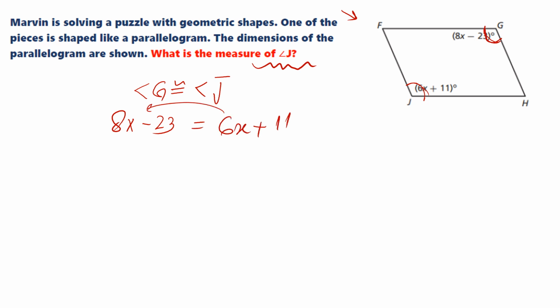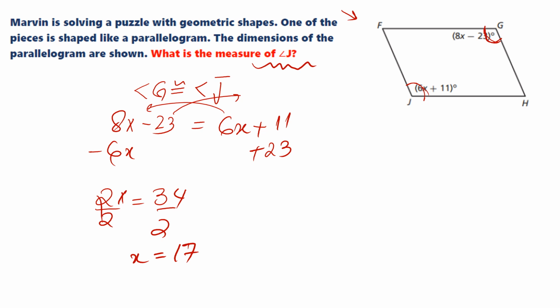Bring the 6x to the other side, it gives you negative 6x. Bring negative 23 to the other side, it gives you plus 23. So 8 minus 6 is 2x and 11 plus 23 is 34. Divide both sides by 2 and we get 17.